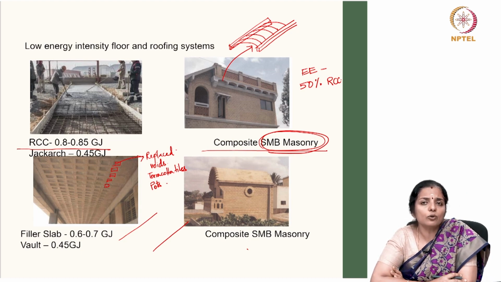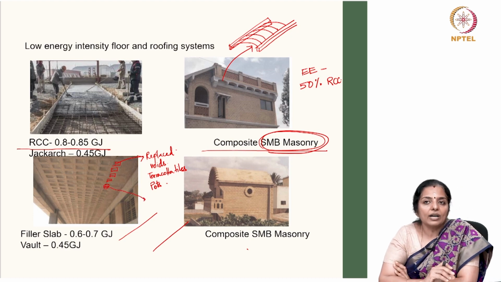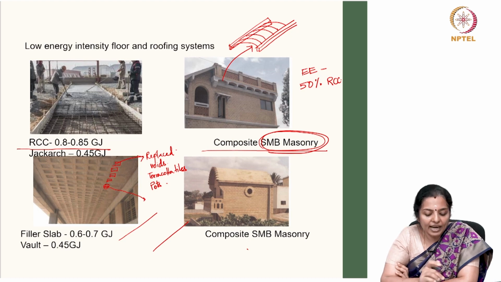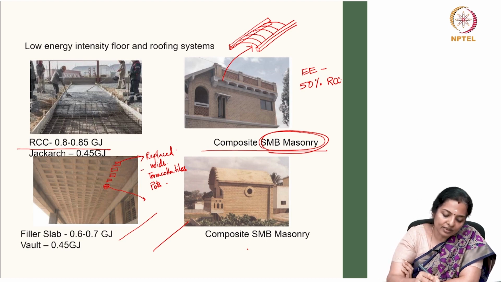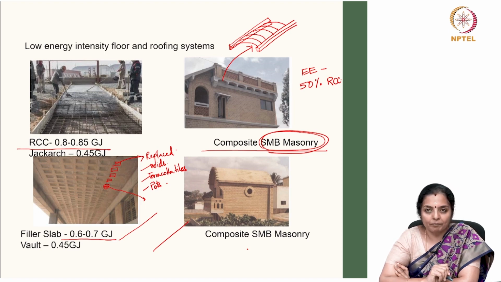So, the unreinforced masonry here, this part, it's not reinforced. Where the zone does not need too much strength, that part is scooped out and refilled with any one of these. And when you do that, the embodied energy is 0.6 to 0.7.